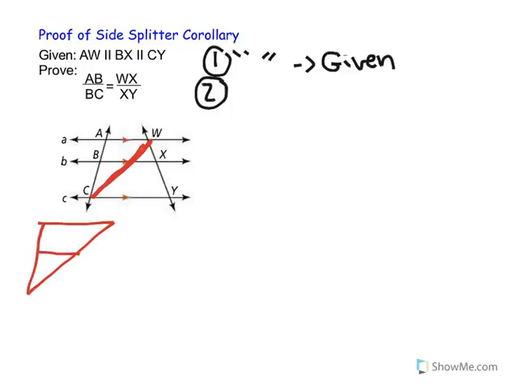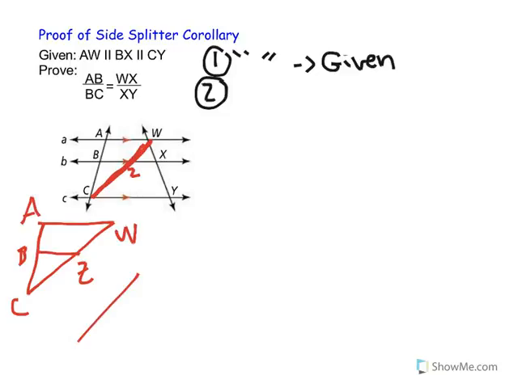I'll have a set that goes from A, this is B, C, and this is W. We don't have a letter for this point, so let's just call it Z. Or you can make whatever you want.